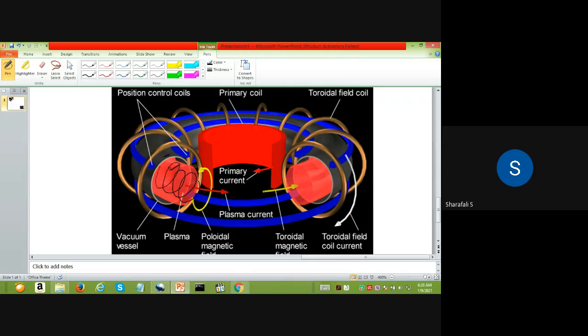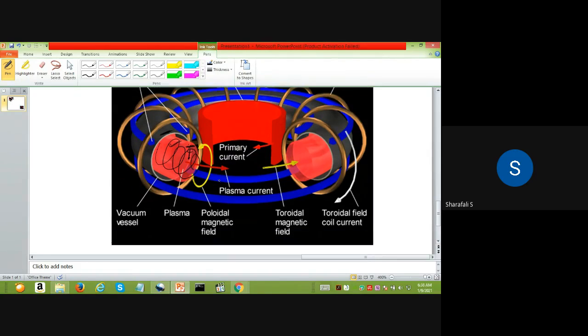About that axis. So it will not hit this wall because it is restricted up to this range. That spinning action is restricted up to this range. So it is well protected from the wall because of this position control coil and that particular field, which is called the poloidal magnetic field.